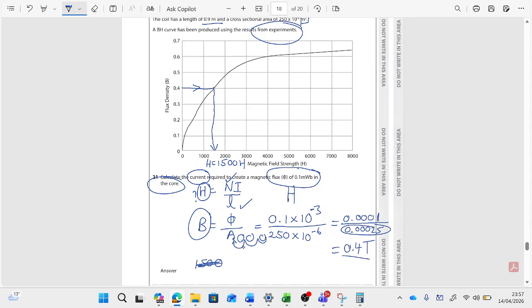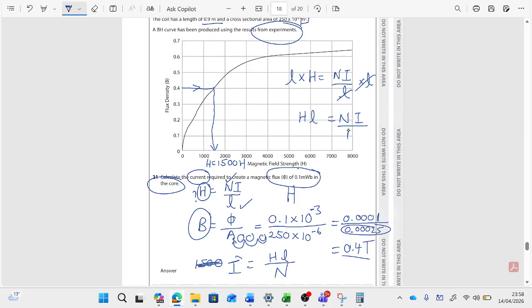So shall we rearrange first? To find I, you've got to times L both sides, so it's HL, and then you have to divide by N to make I the subject of the formula. Do you want me to explain this again? So let's try again. Some of you may be a little bit rusty. So I times L this side, I times L this side, L and L cancel out, yeah? So I got HL equal to NI.